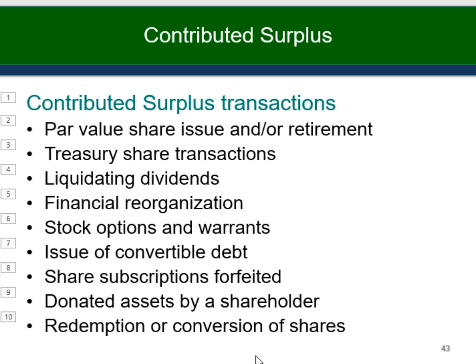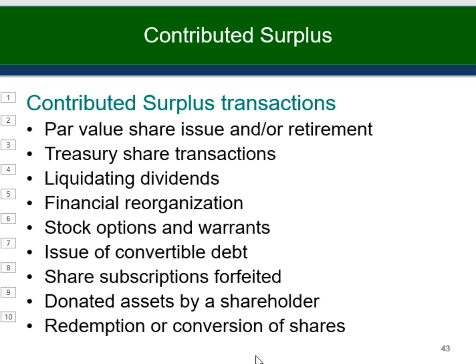Okay, there's a list of things that can contribute to contributed surplus transactions, which I just discussed. Par value share issues or retirement. In the case of par value, the contributed surplus is everything above the par value. Treasury share transactions: if you're buying back shares at a gain, it would go into contributed surplus. If you're buying them back at a loss, that would reduce the amount of contributed surplus.